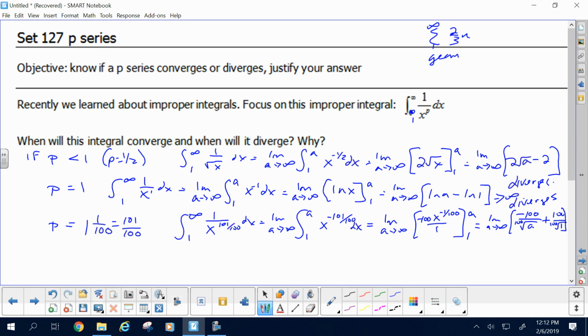You see? Now that said then, if a goes to infinity, this guy goes to 0 and it converges. So 1 is the great dividing line. 1 or less diverges. More than 1 converges.